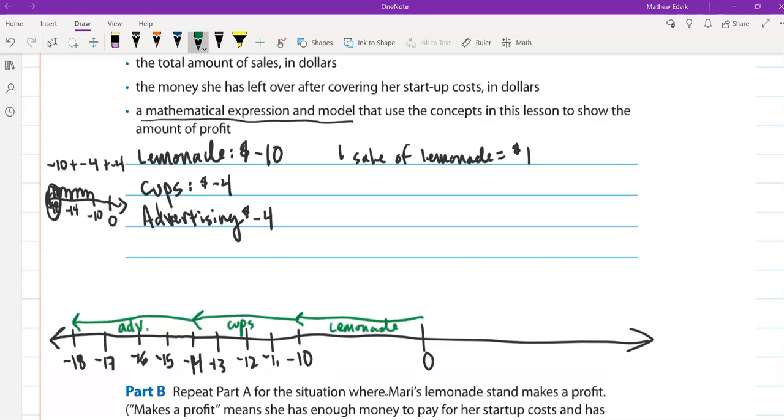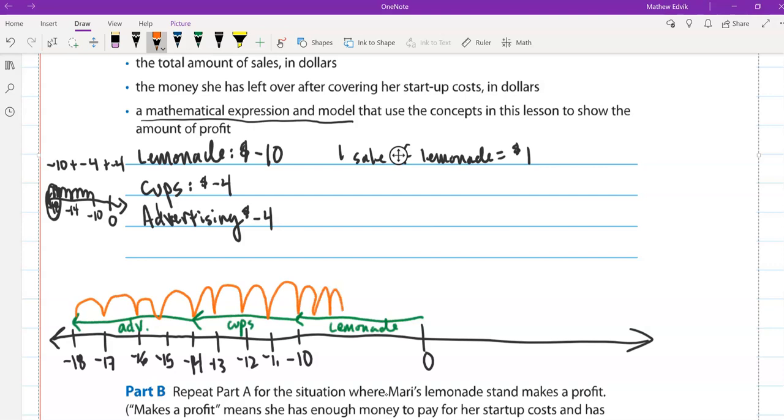And then she must sell. So for every sale, she gets $1 back. So she has to sell 1, 2, 3, 4, 5, 6, 7, 8, 9, 10, 11, 12, 13, 14, 15, 16, 17, 18.